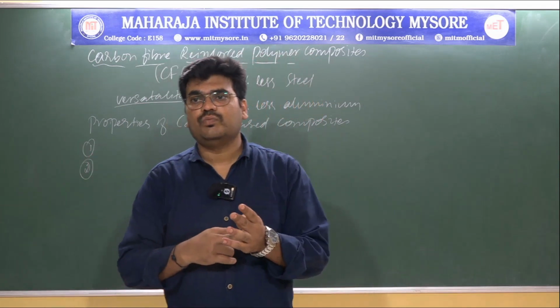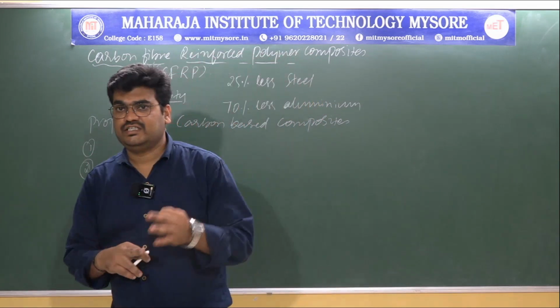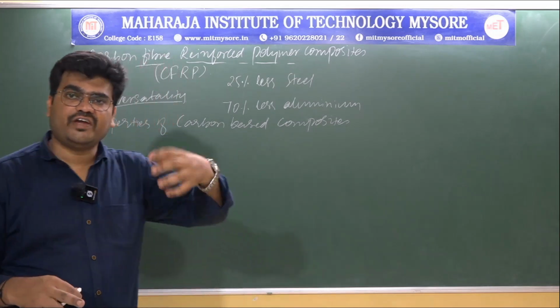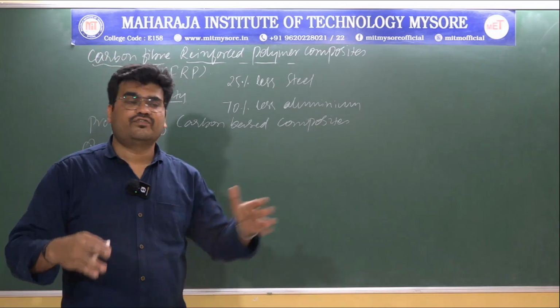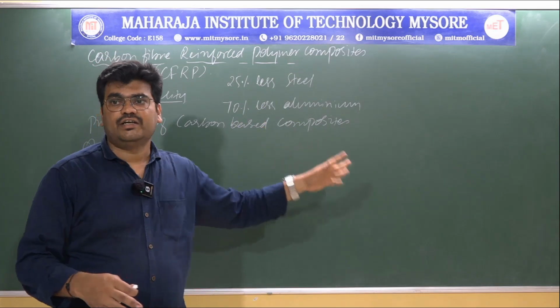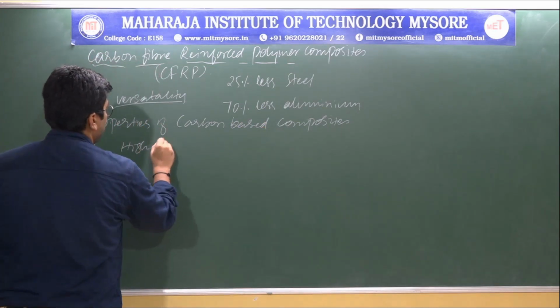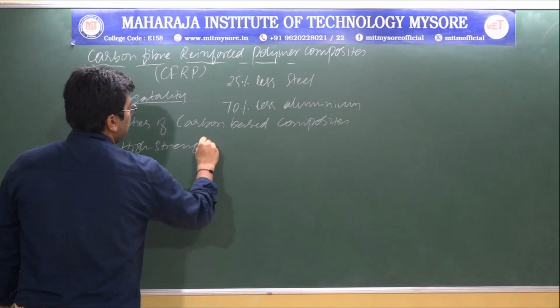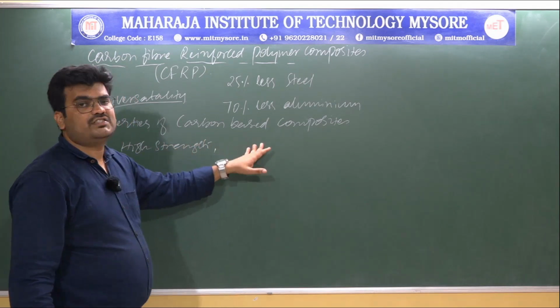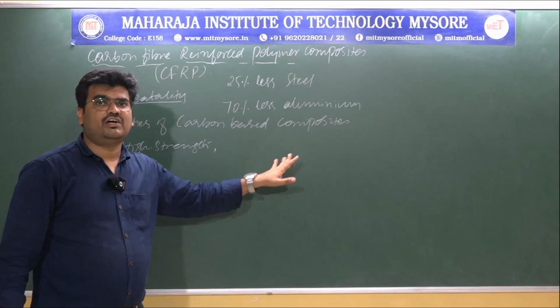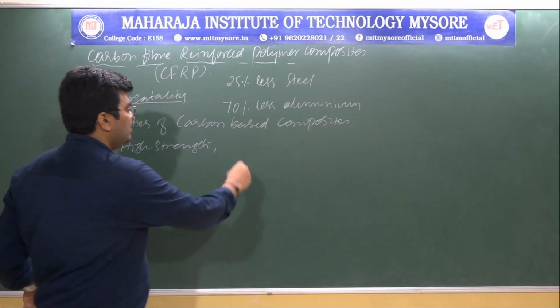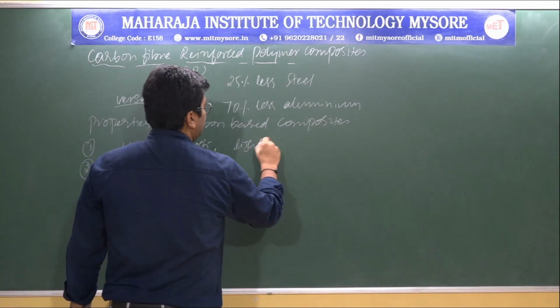So, high load bearing capacity and low density: they are much stronger, but the weight is much lesser than that of these metals, as I said. Then high toughness, high strength, highly rigid, high hardness, and very light, that is, low density.